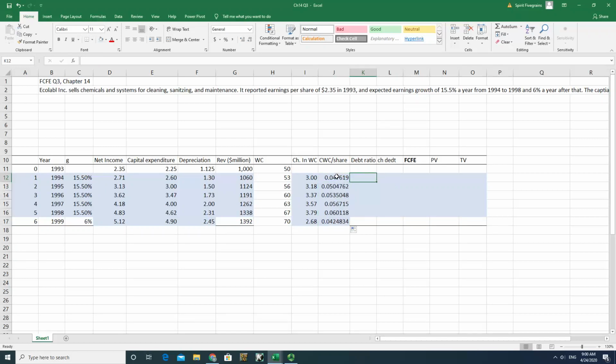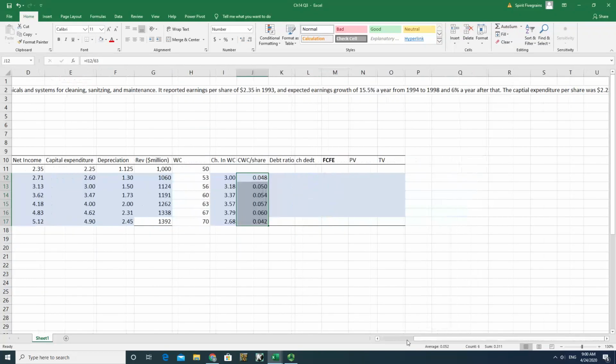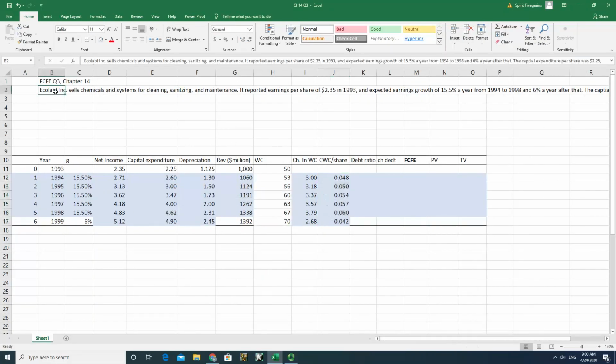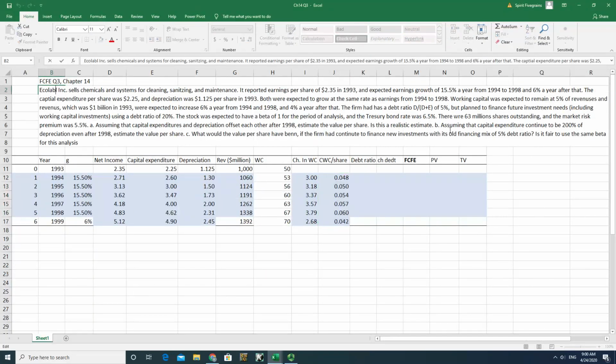And the debt ratio is set as 5% previously, but in the future it will change to 20%. That ratio was 5%, and in question A, assuming capital expenditure offsets after 1998 as the value per share, that ratio would be 20%.